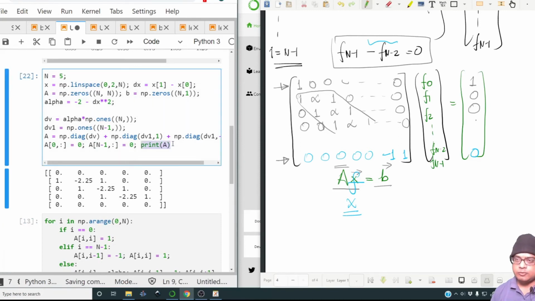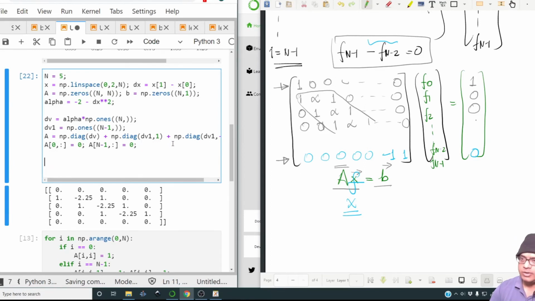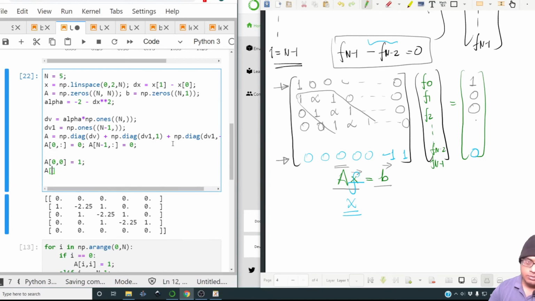Great. So now we can simply incorporate the boundary condition. So A[0, 0] is going to be 1, and for the other boundary condition, A[n-1, n-2] is going to be -1.